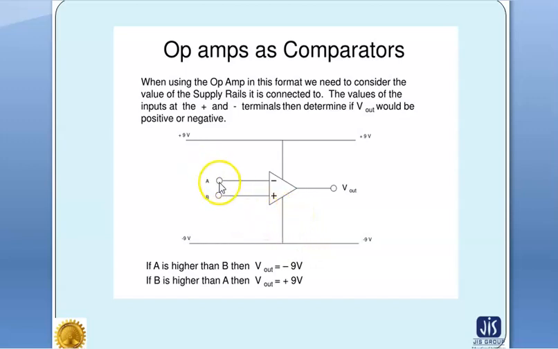If the inverting terminal voltage is higher than the non-inverting terminal voltage, then the output will be equal to minus Vsat, the negative saturation voltage. And when the voltage at the non-inverting terminal is greater than the inverting terminal voltage, then the output will be equal to plus Vsat, that is the biasing voltage here, plus 9 volt. So this is the concept of the opamp comparator.